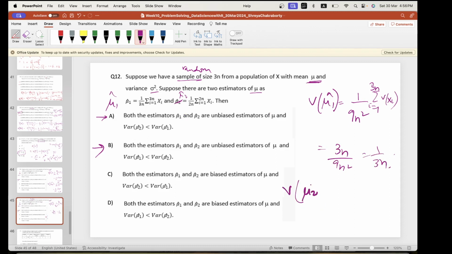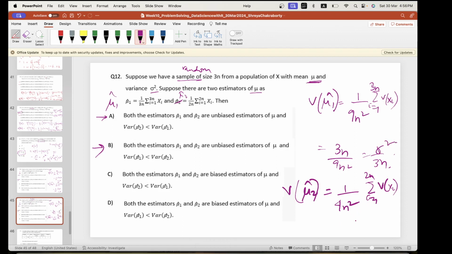And variance of mu2 hat is 1 by 4n square summation i equal to 1 to 2n variance of xi. So this is actually sigma square, sorry.